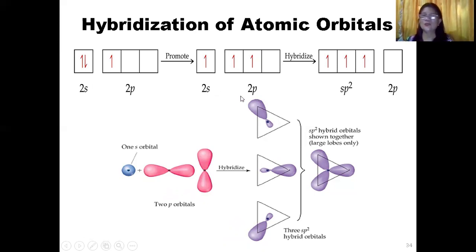So this 2p is already hybridized. So that is sp2, hybridized into 2p.